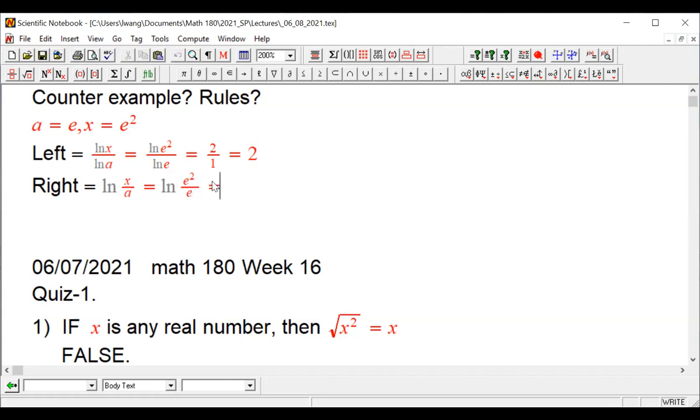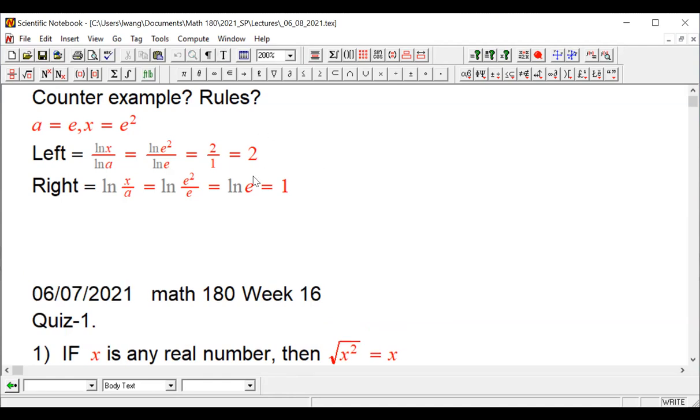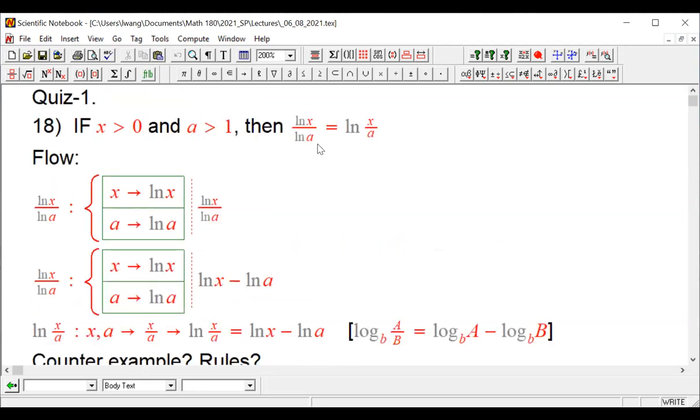What would that be? ln e, because e squared divided by e is e. ln e equals 1. Left is not the same as right. So this will serve as a counterexample. So in this case, it is false.